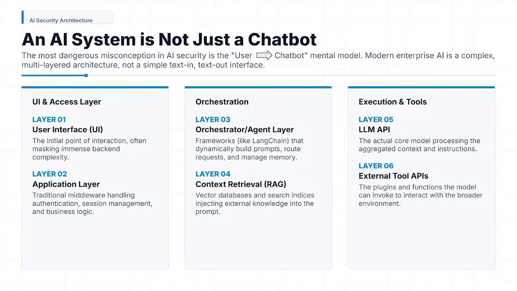Moving on to execution and tools, which is where you have layer 5 and layer 6. Now, the example we are dealing with has to do with API integration. Layer 5, that is where your LLM API now comes in. The actual API key that is used to link our application to whatever form of AI assistant is processing it.